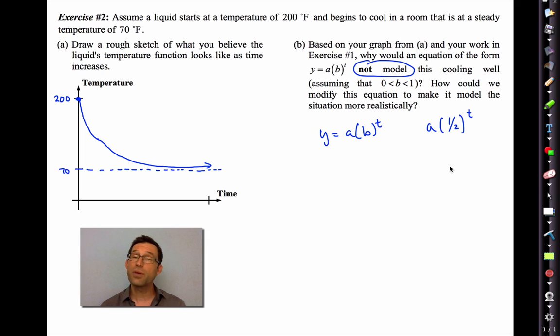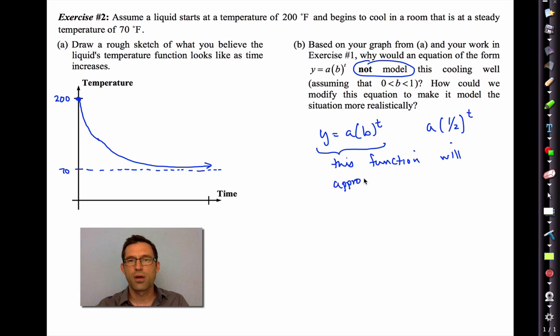All right, well, this is pretty tough, okay? But if you've been really understanding what's going on so far, you'll have it, right? It won't model it very well because this function will approach y equals 0.